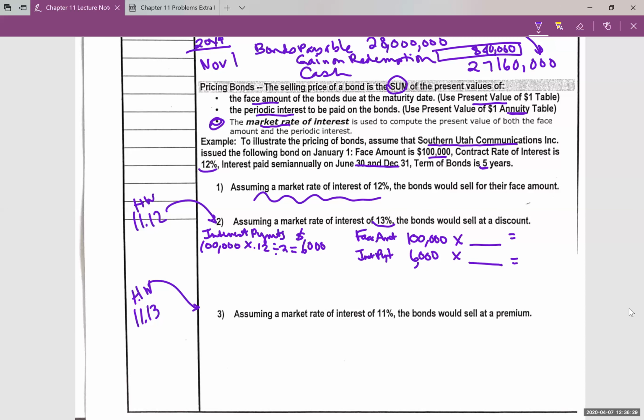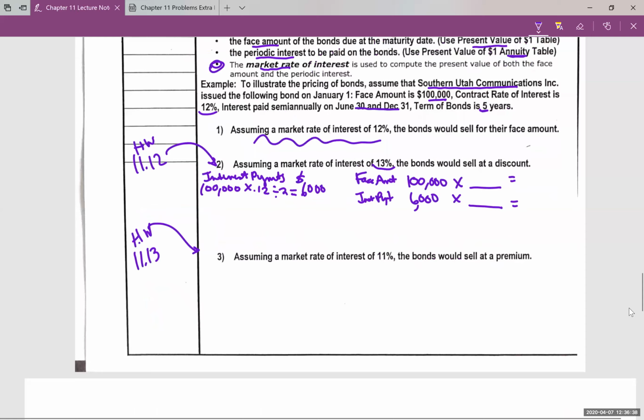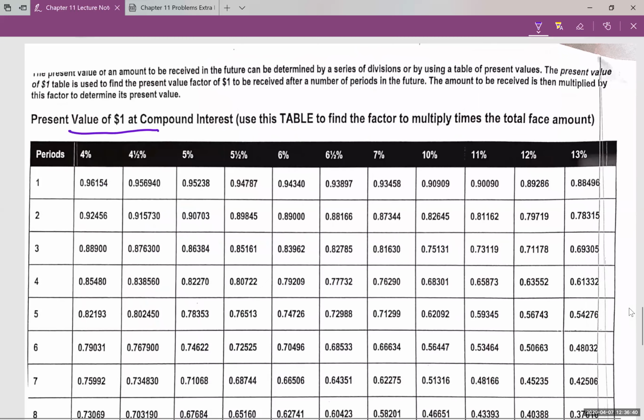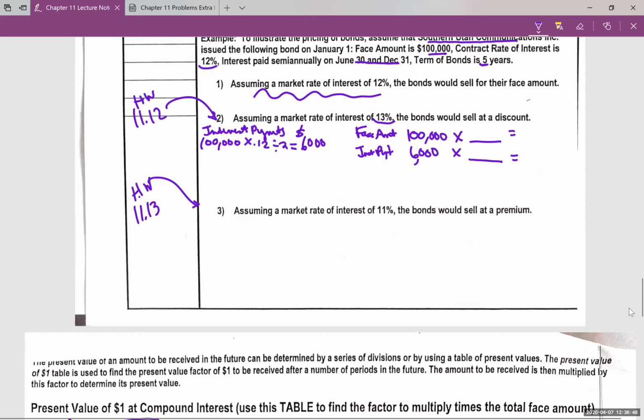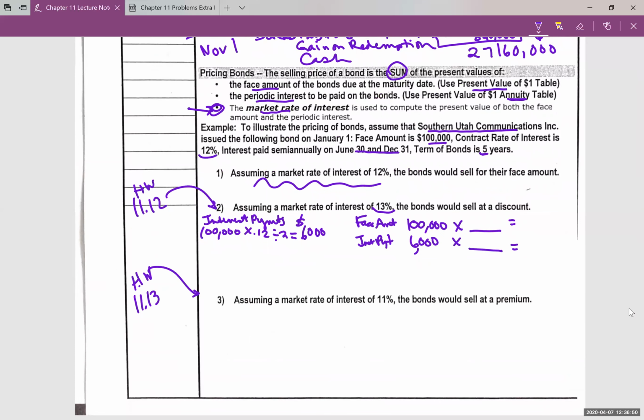Okay, so here's what gets tricky though. When I go to the table, if I scroll down here at the table, I need to figure out the interest rate and the number of years. Okay, so the interest rate runs along the top and the number of years runs up and down. Now this is where it's very important that we use the market rate. Okay, so the market rate is 13%.